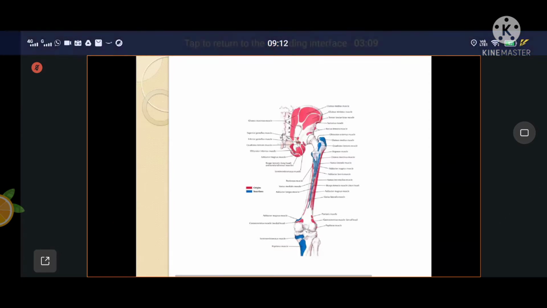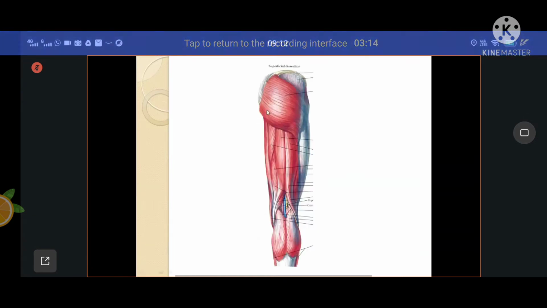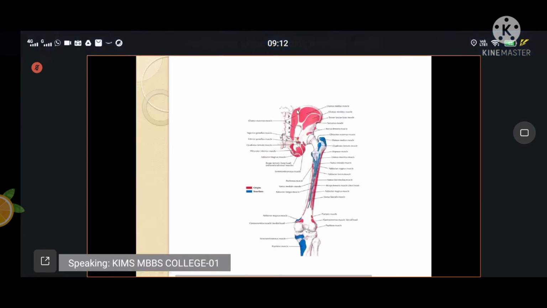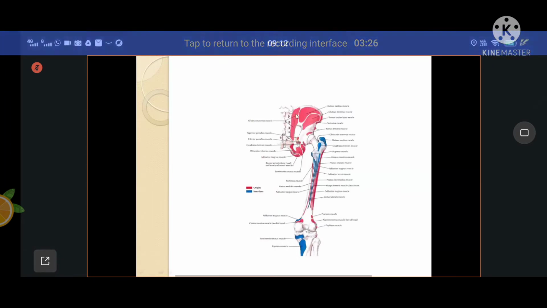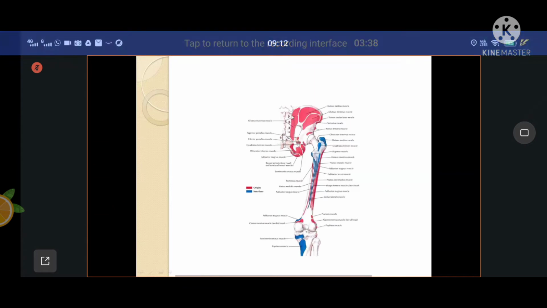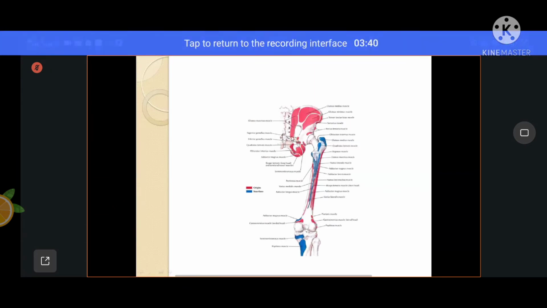The first and foremost muscle which you see here is the gluteus maximus muscle. So the gluteus maximus muscle, where is the origin? From the posterior aspect of the iliac crest, and also from the posterior aspect of the ilium, behind the posterior gluteal line, and from the dorsal aspect of the sacrum, and also from the sacrotuberous ligament.